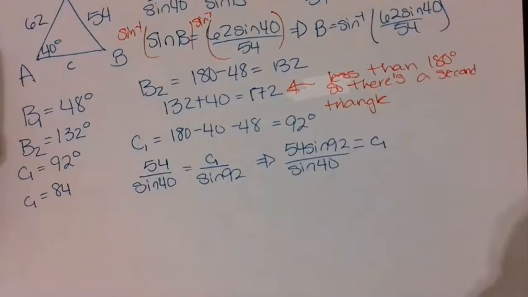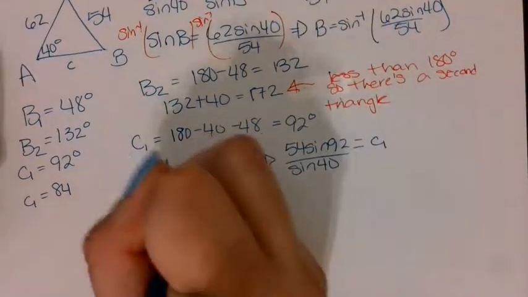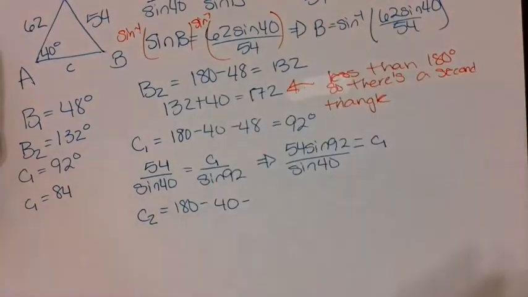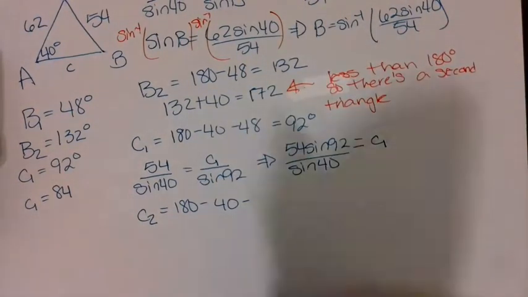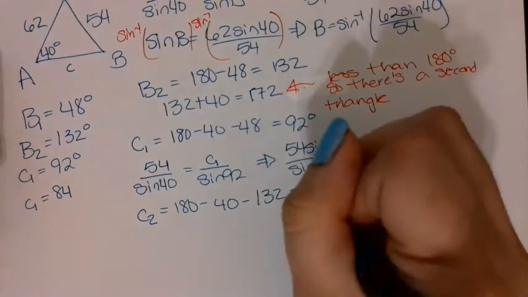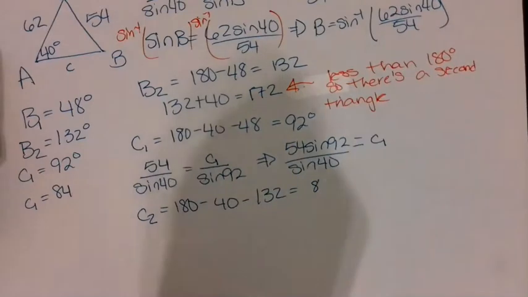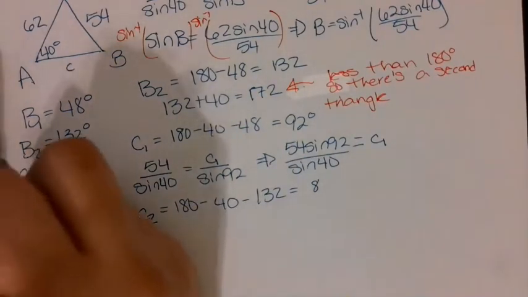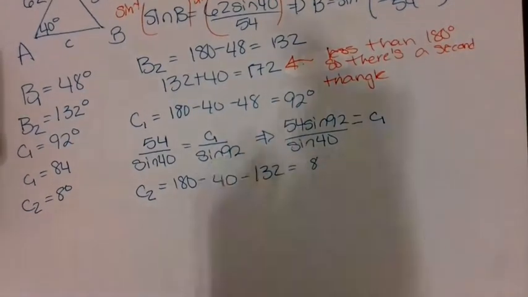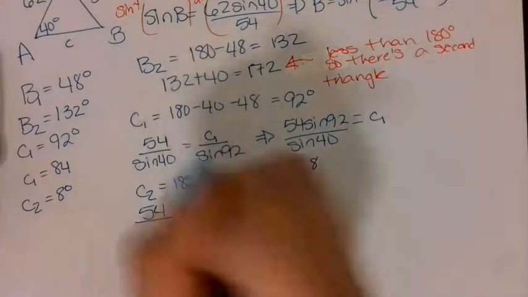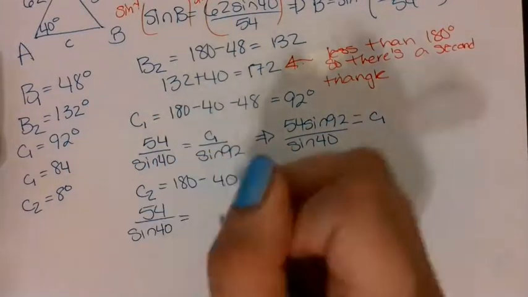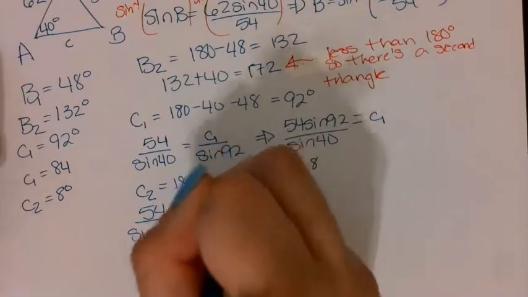Okay. Then I'm going to go ahead and do the same thing for c2. I need to do 180 minus 40, because that's from the original triangle. And then this time I want to subtract my B2, which is 132. When I type that all in, I get 8. So my C2 is 8. Then I'm going to put it into the law of sines, just like I did for the C1. So I have 54 over sine of 40 equals little c2 over sine of 8.